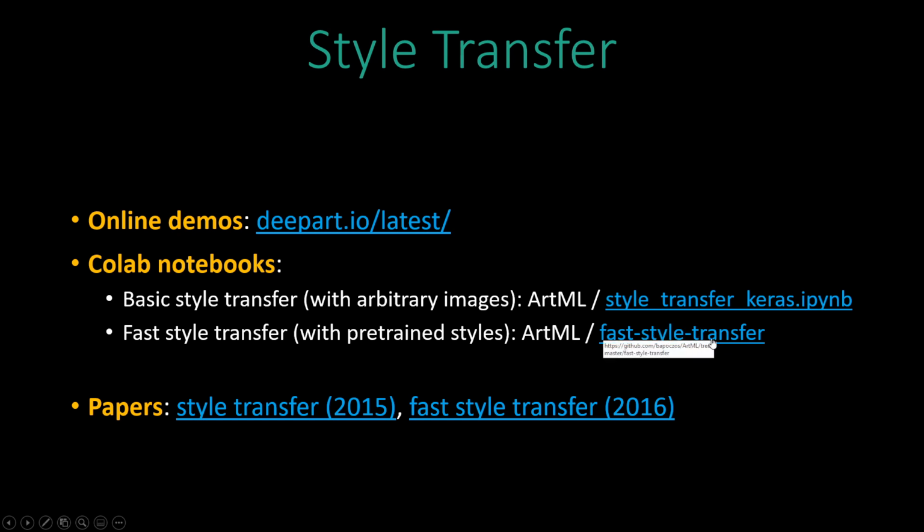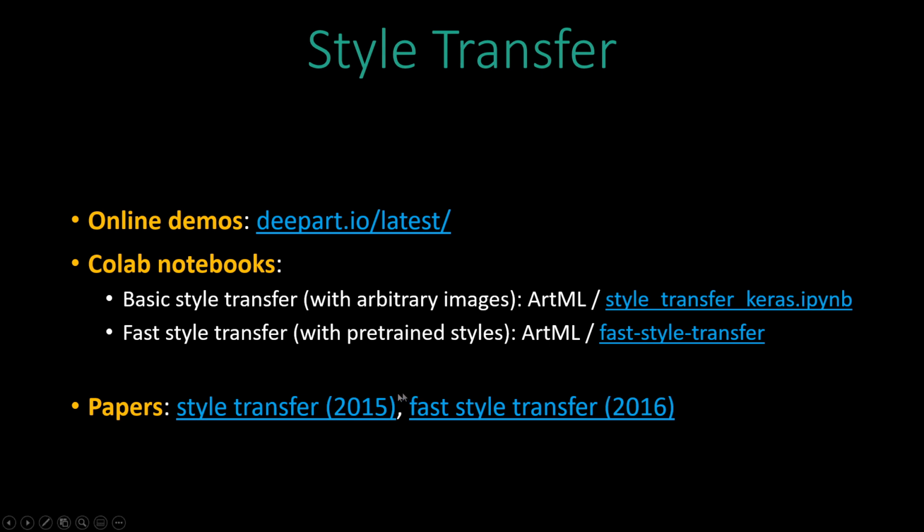The only limitation here is, I think, that you have to use pre-trained styles. But I think there are some additional papers which allow you to use arbitrary images and also have fast evaluation of this. If you are more interested, you can read about fast style transfer in these papers, and also look around and see some additional works.